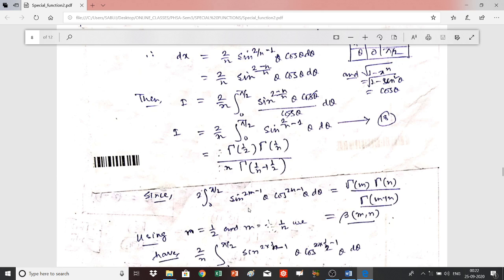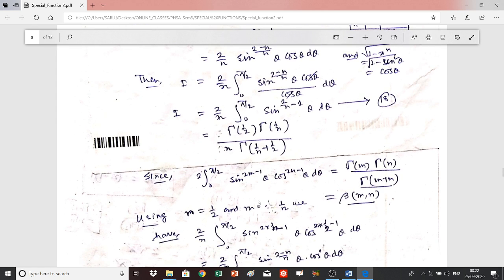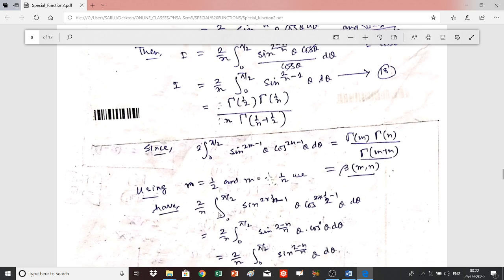And now just write m equal to 1 by n and n equal to half in this relation. Then what you will get here is 2 by n, integral 0 to pi by 2, and you can write this as sin to the 2 into 1 by n minus 1 theta, and then cos.